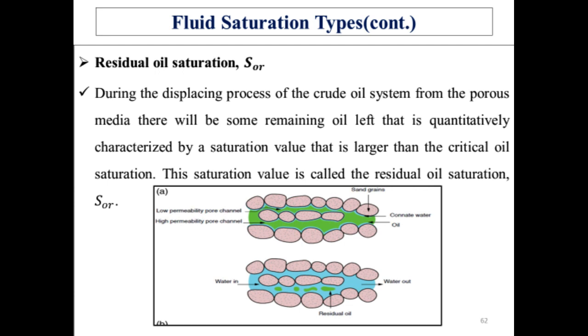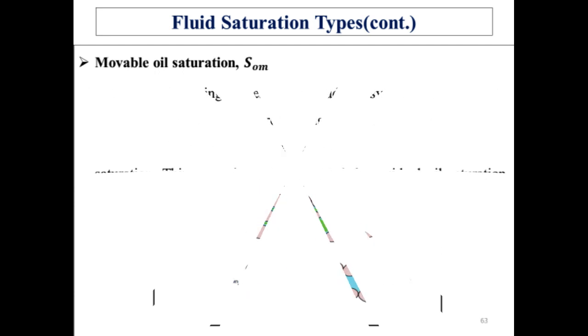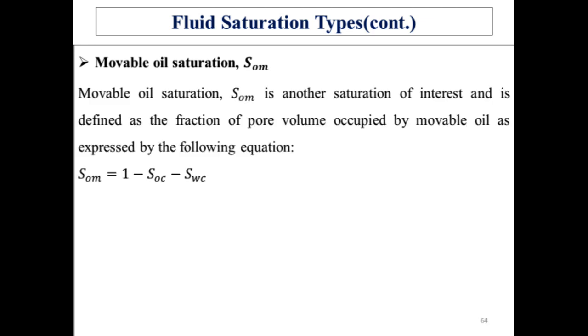This saturation value is called the residual oil saturation. Movable oil saturation. Movable oil saturation is another saturation of interest and is defined as the fraction of pore volume occupied by movable oil, as expressed by the following equation.